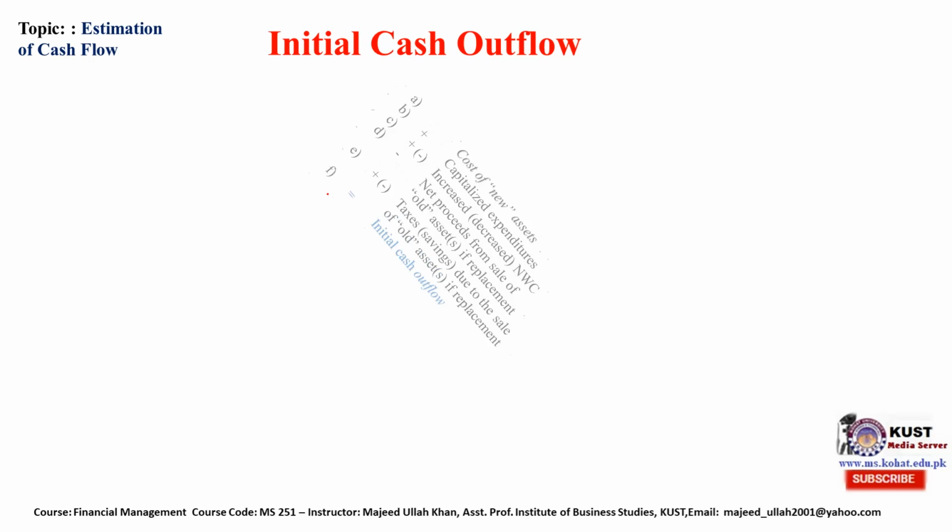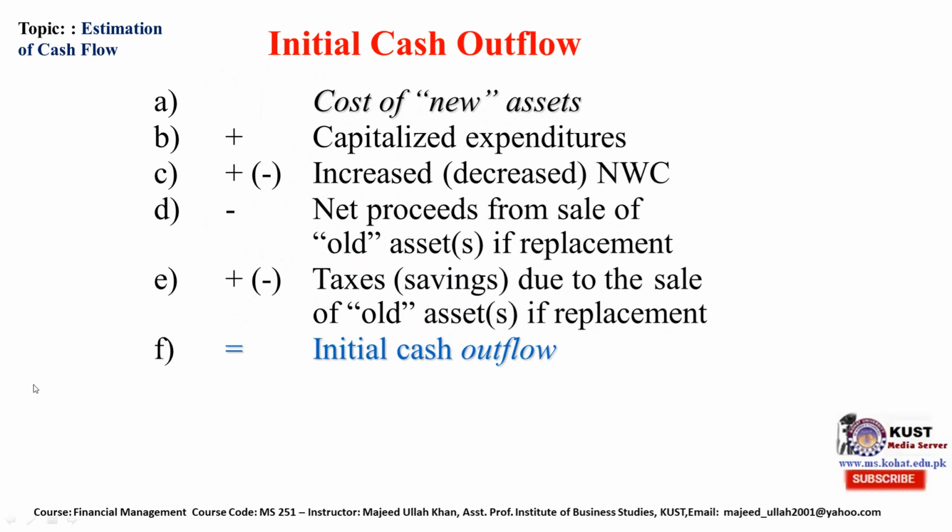Initial cash outflow. First, we will include the net cost of the new asset. Cost of the new asset means the company purchases a new asset, and first it will include that cost.